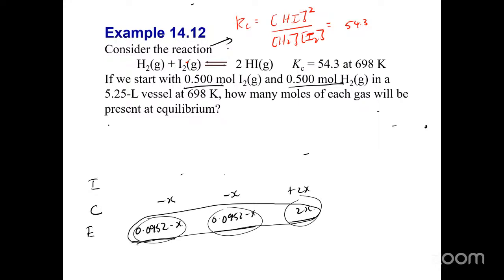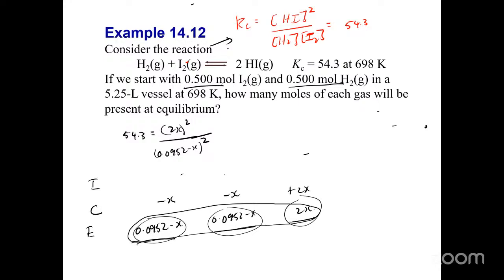That would mean that Kc, which is 54.3, would be equal to the concentration of HI squared, which would be 2x squared, divided by the concentration of H2, which is 0.0952 minus x, multiplied by the same thing. So I'm just going to square this, because it's 0.0952 minus x times the same thing, 0.0952 minus x.